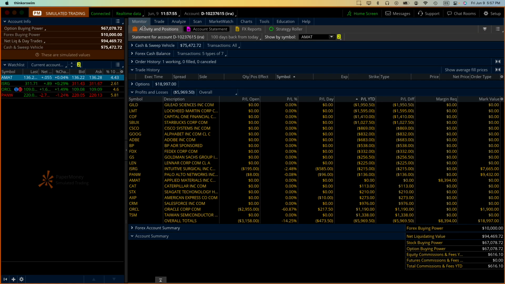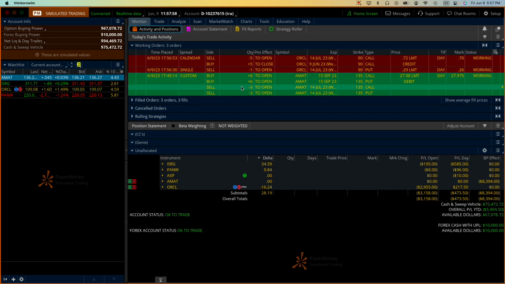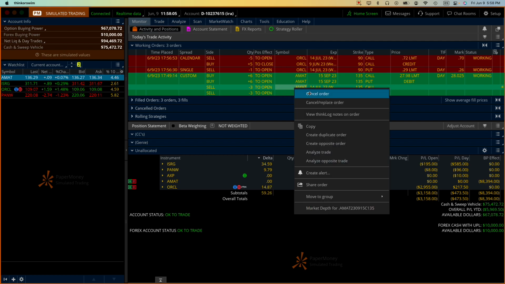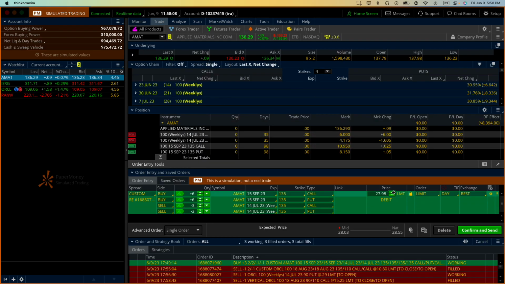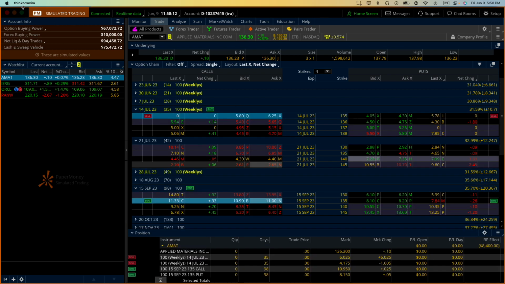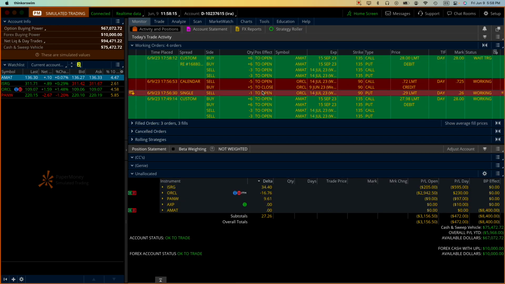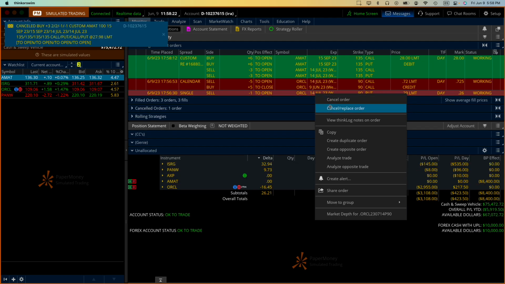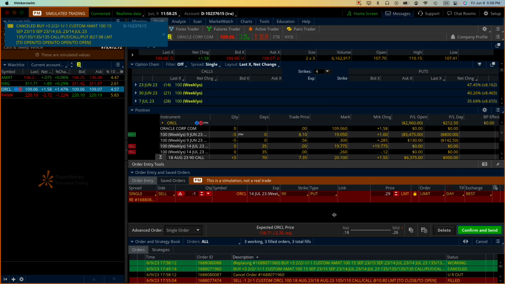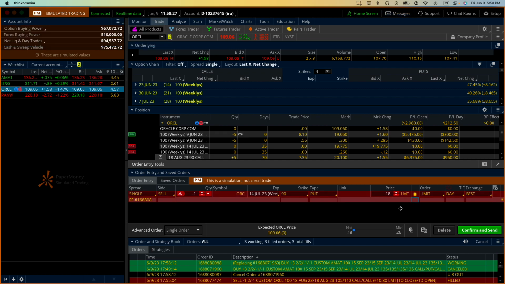Let's go to the monitor tab and wait until these get filled. I'm just going to unlock this, try a higher price. The Oracles, let's adjust this to 26, well, somewhere in between.